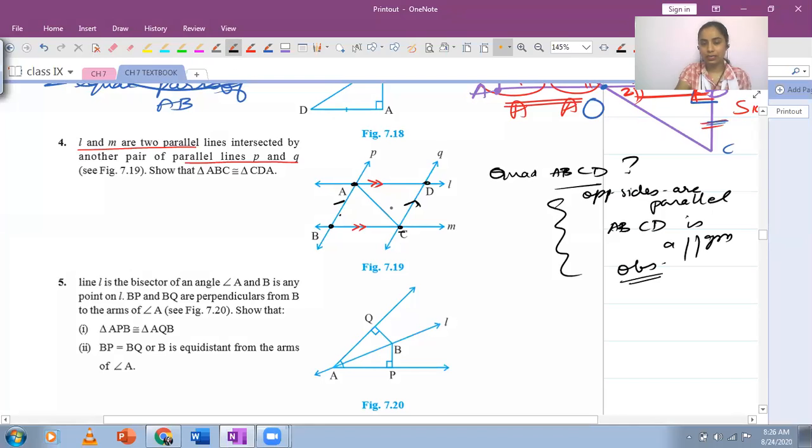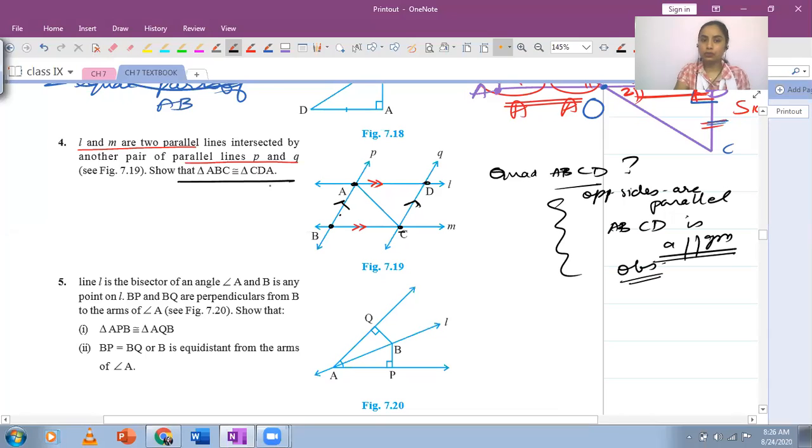I just want you to observe one thing here. The first thing that I told you to observe was that this quadrilateral here is a parallelogram. And then for this quadrilateral, we want to prove that the diagonal creates two triangles which will be congruent to each other. We are going to prove this. They are saying show that, so this will be a true thing.